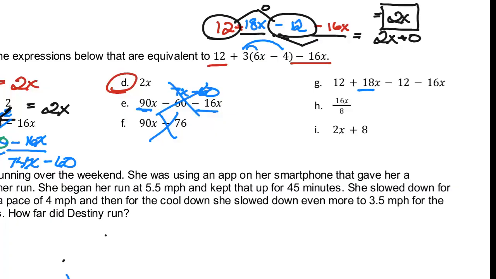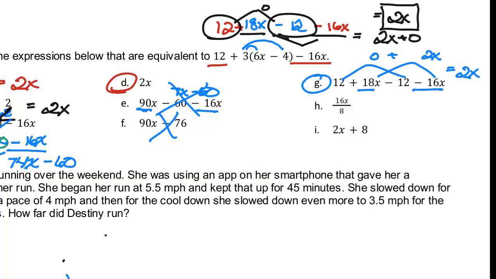Yes, you have 18x minus 16x. That gives you 2x, and 12 minus 12 gives you the 0. 0 plus 2x is 2x, so yes, that works. What about H? 16x divided by 8. What is 16 divided by 8? 2.